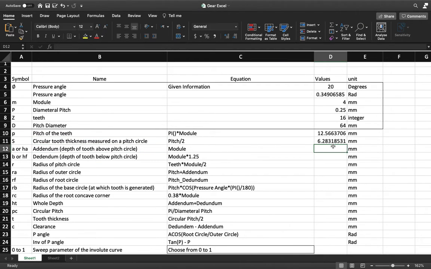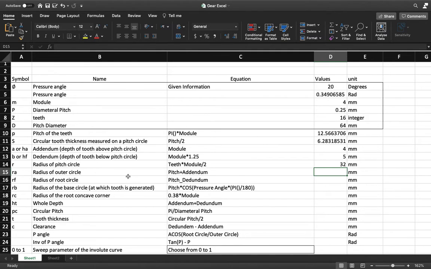As you know, addendum is equal to the module and dedendum is equal to 1.25 multiplied by the module. Radius of the pitch circle is equal to teeth multiplied by module divided by 2. Teeth multiplied by module gives you the diameter, so just basic math. That's why we divide by 2 to give us the radius.